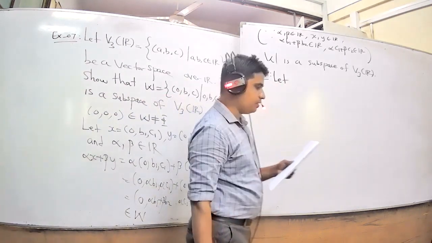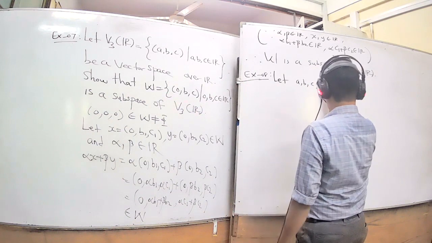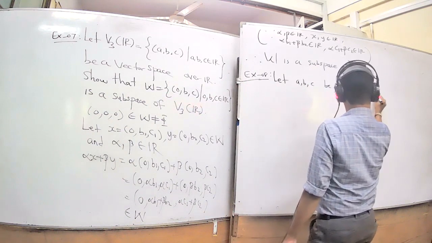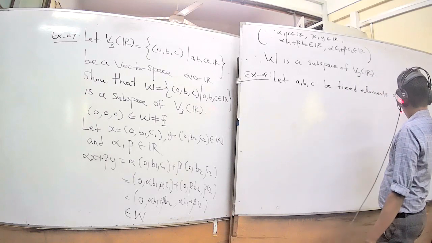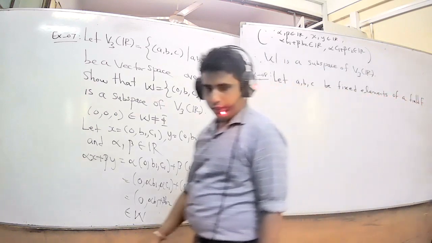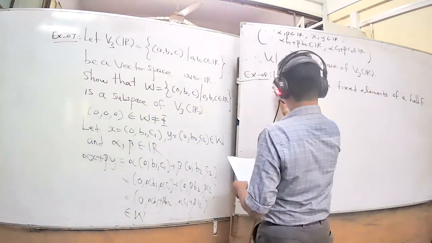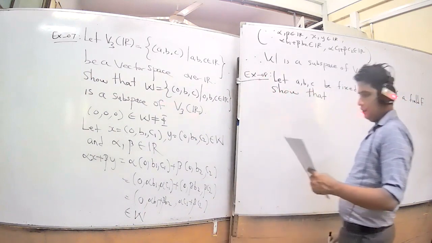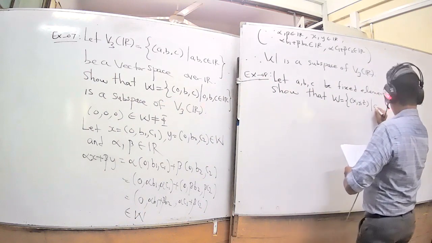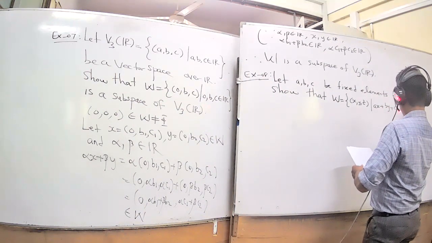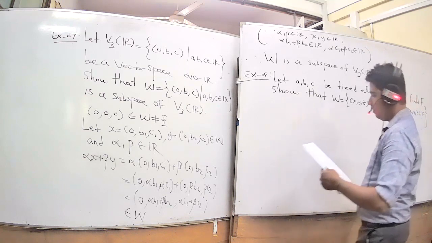Let A comma B comma C be fixed elements of a field F, so that W, the given set of triples X comma Y comma Z such that AX plus BY plus CZ equals 0, where X comma Y comma Z belong to F, is a subspace of V3F.